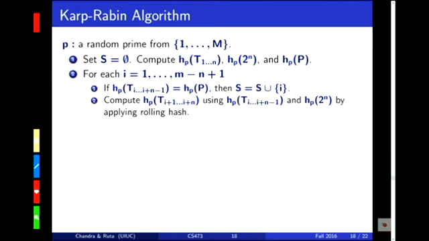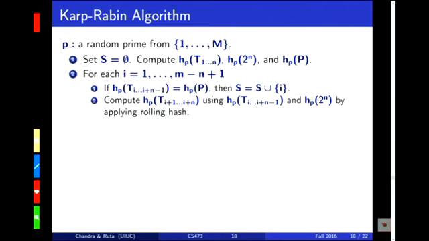So you compute a priori the hash of the first substring, which is starting at 1, the hash of 2 to the n, and the hash of pattern p. These three we compute a priori in the first step. Then we go inside the for loop and do the comparison for i equals 1.